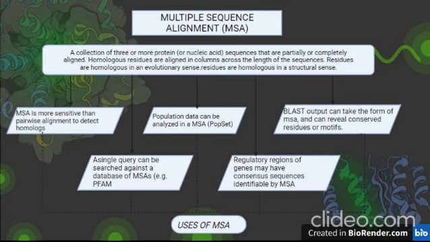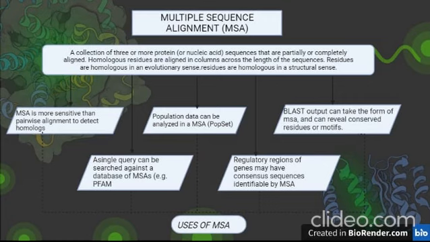Second, protein family. A multiple sequence alignment can help us to determine whether our protein is a member of a known family or not. Third, pattern identification. By looking at the conserved regions or sites, we can identify which region is responsible for a functional site.